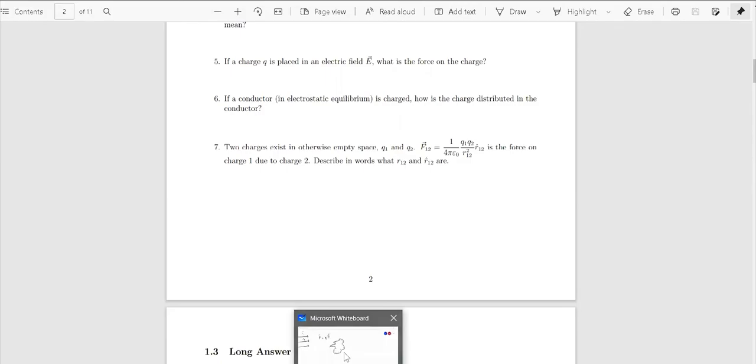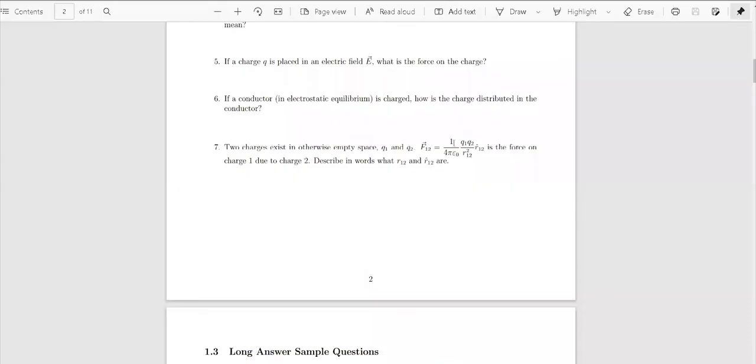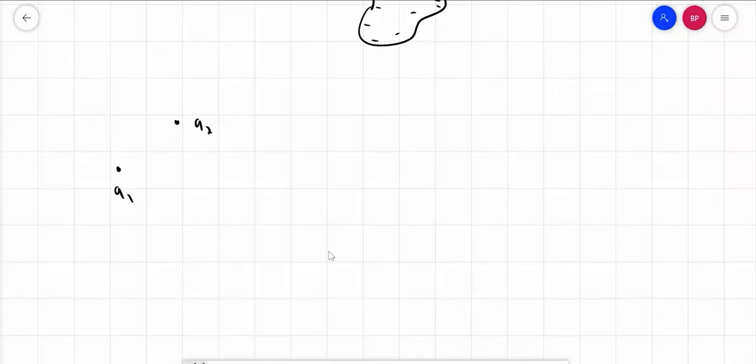Okay. So we have two charges, Q1 and Q2, and we're looking for F12. F12 is the force on charge 2 due to charge 1.